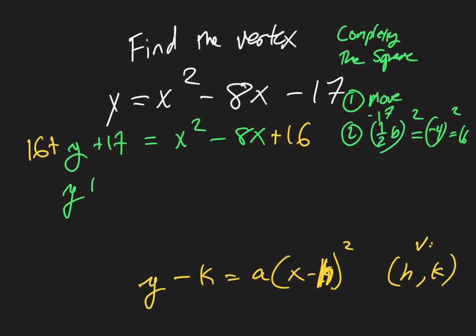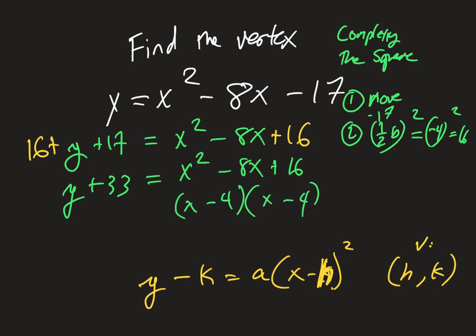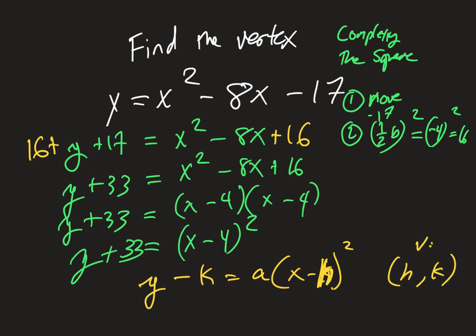Over here, I'll have y plus 33 equals x squared minus 8x plus 16, which will be x minus 4 and x minus 4. Something times itself is squaring, so that's x minus 4 squared equals y plus 33.